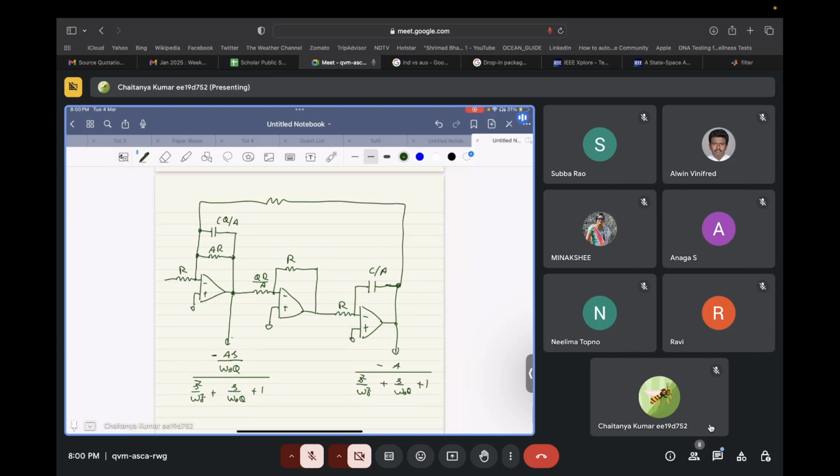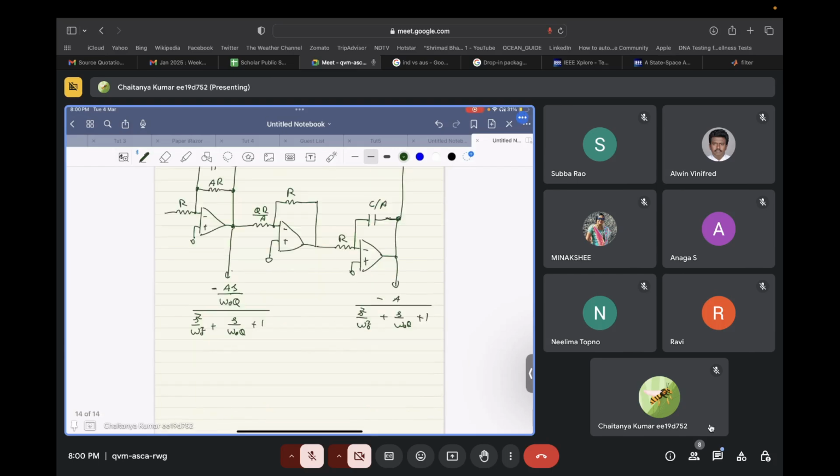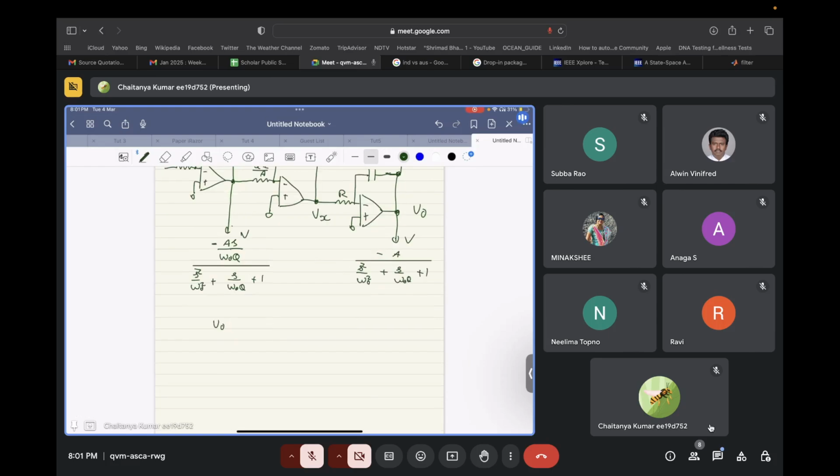Okay, so let's try to verify whether whatever we have claimed is correct or not. We will again try to find the transfer function to verify whether this expression is correct. Let's forget about these two for now. Let's call this node Vx, this node V naught. What is the relationship between V naught and Vx?